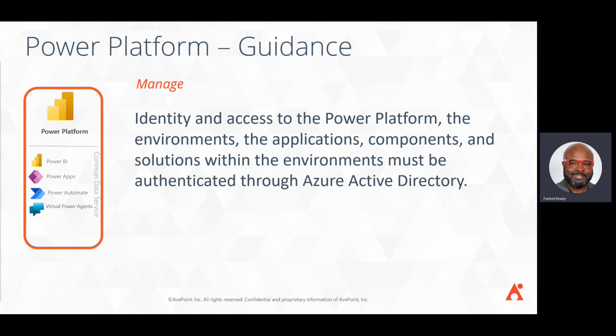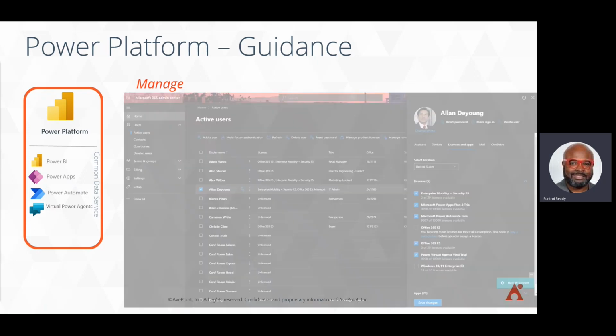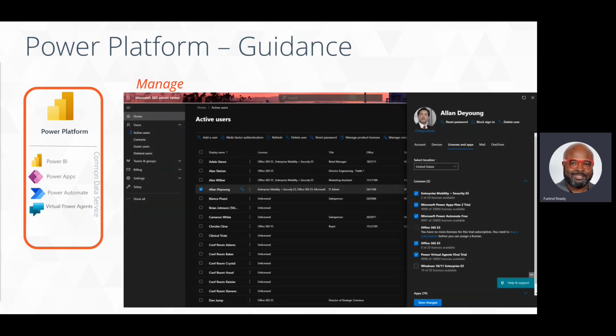So let's get into a couple of examples of what we mean by the management part as it pertains to the identities there. So think of your tenant, your users, for example. If I'm a relatively small or medium-sized organization, I can easily go in and pick a user and say, yes, let's go ahead and give him licensing for the Power Platform.